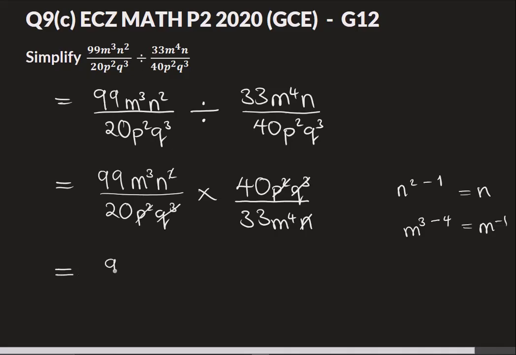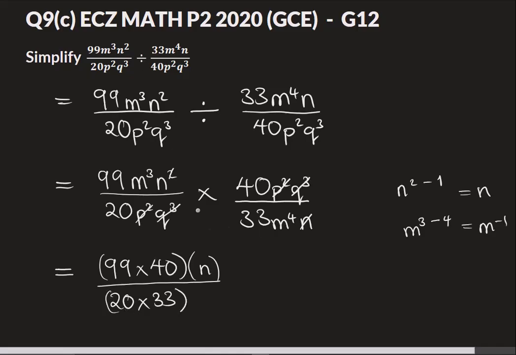So now I can write 99 multiplied by 40, which possibly you could put in brackets, and then in my numerator I have n, in my denominator I have 20 multiplied by 33, and I have an m that is left. Of course, you could cancel like that.